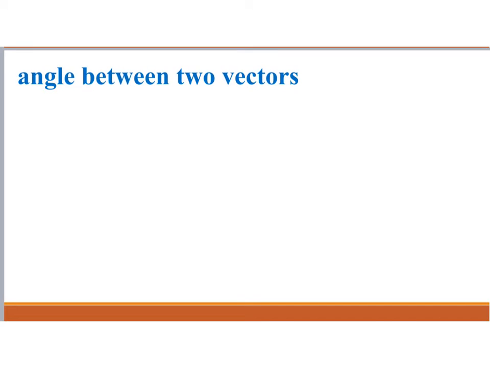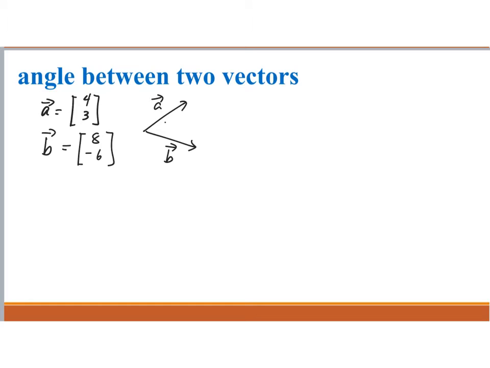So let's go back to our problem a while ago where A is 4, 3 and B is 8, negative 6. It was this and this, and we want to find theta.